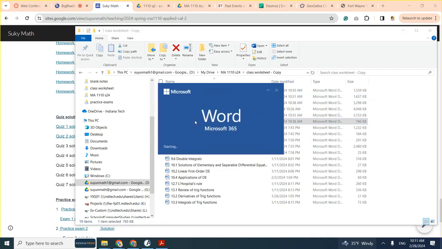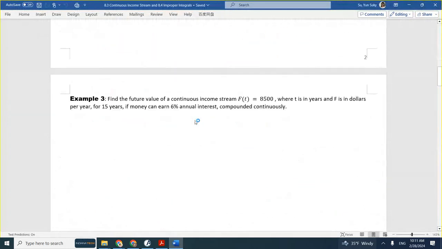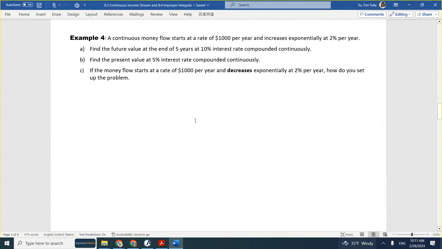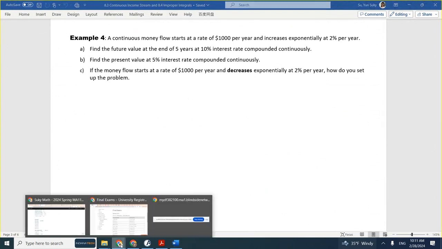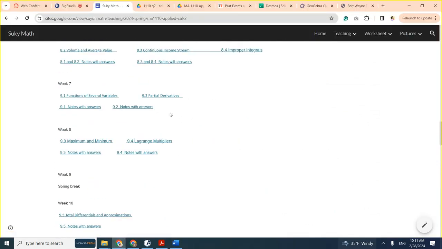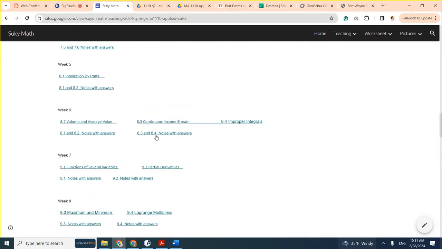Oh, did I forget to save my notes? Where are my notes? Is it here? Did I forget to save my notes? Oh no! Oh no! Okay. So it's okay. Then maybe I can look at the notes with answers. Yeah, that's the good thing about the notes with answers.